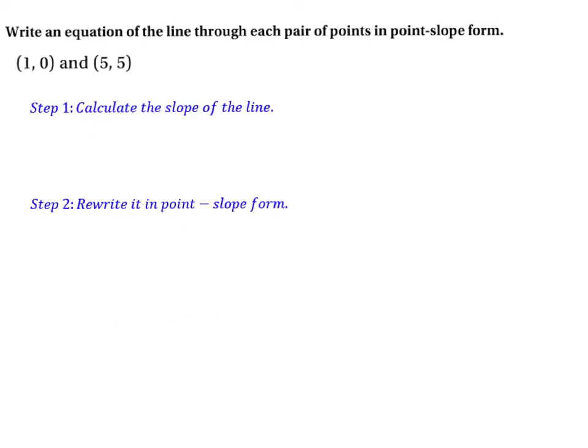Now, if we are given 2 points and it asks us to write the equation of a line in point-slope form, first you have to find the slope of the line. So if I were to do this for this example, I'm going to call my points x1, y1, x2, y2. And I'll plug them in to the slope formula.